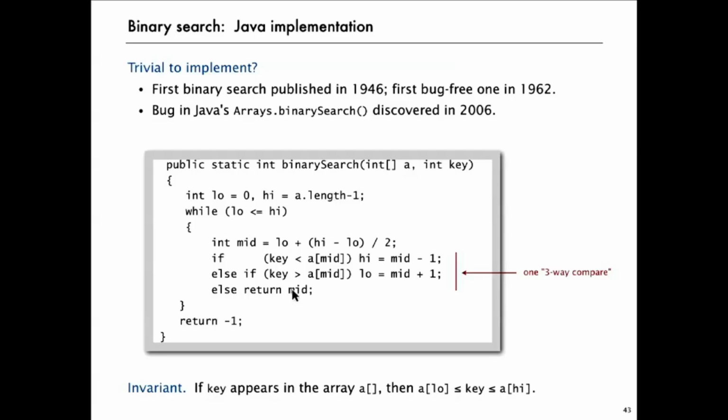Or if it's equal, we return that mid-index. If it's less, we reset the high pointer. If it's greater, we reset the low pointer, and we keep going until the pointers are equal. And if they're equal and we haven't found it, then we return -1. And it's easy to persuade ourselves that this program works as advertised by thinking about this invariant. If the key is in the array, then it's between low and high in the array.